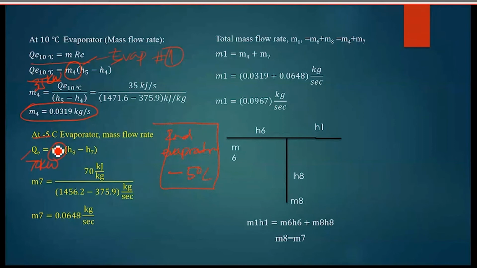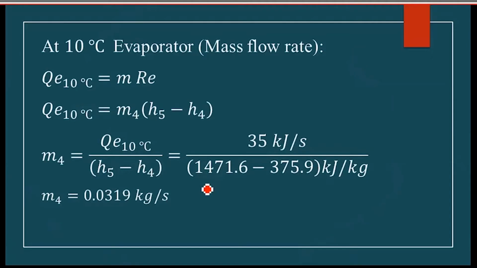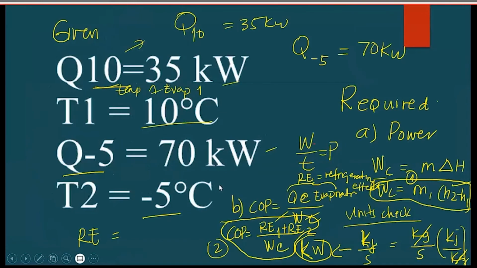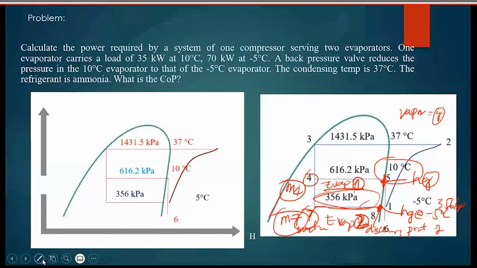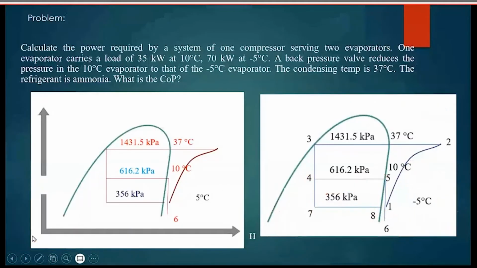This M7 is the mass flow rate entering evaporator 2. Let me clear this up. This is evaporator number 2. The entrance is 7, so our mass should be designated as M7.